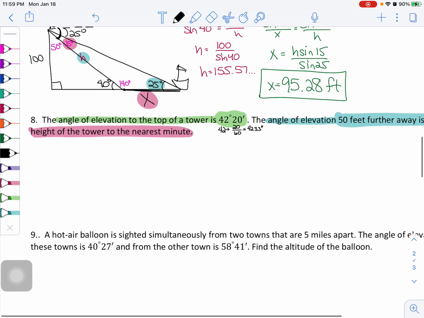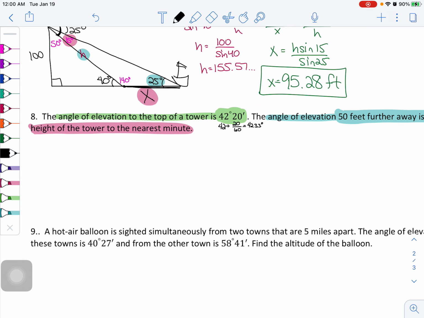All right. So now that we know what degrees we're going to be working with, let's go ahead and apply it to the picture that we've been doing. So we have a tower, angle of elevation. Let's make our little right triangle here. So somebody standing out here has a 42.33 degree angle of elevation to the tower, okay?